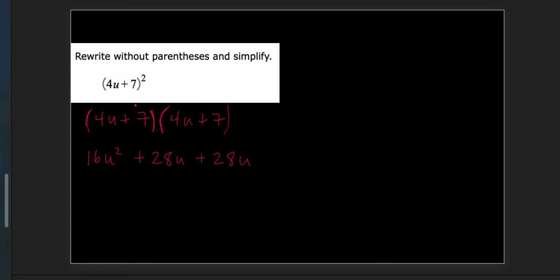And the last positions gives you 7 times 7, which is 49. So we look for like terms, which I have right here. And so these first and last terms will stay in there. 16u squared plus 56u, and then plus 49. And that's it.